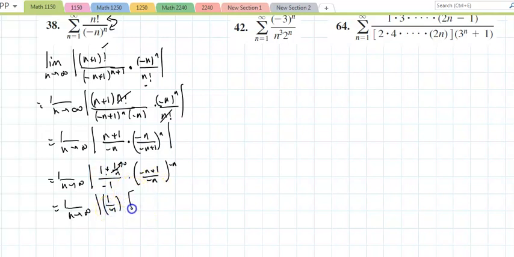Here, can't I say this is 1 minus 1 over n to the n all raised to the negative 1? Okay, I noticed there's a typo. When I put n plus 1 in there, if I take negative n plus 1 to the n plus 1, doesn't that make that negative n minus 1?